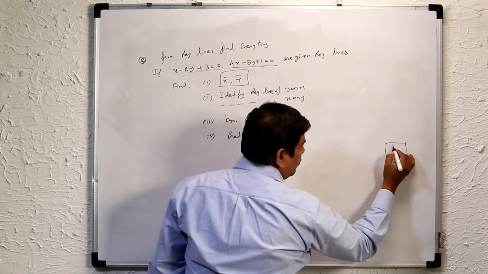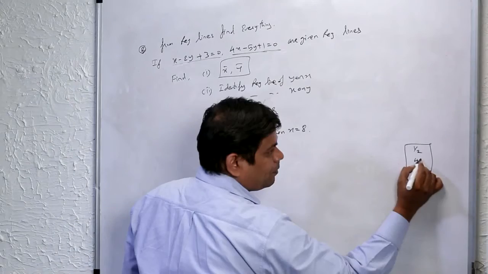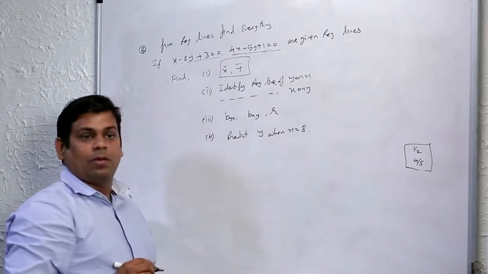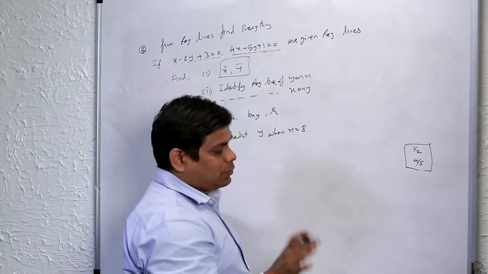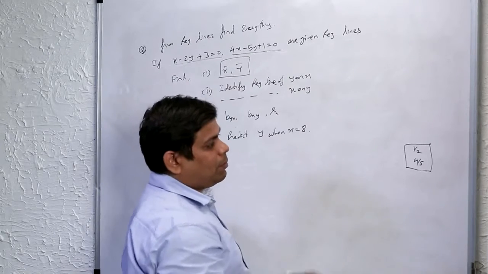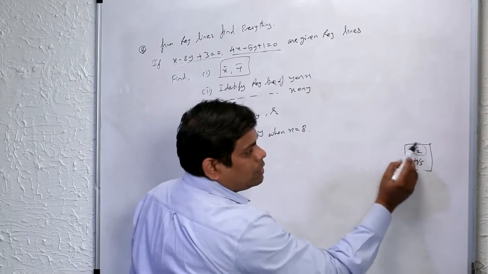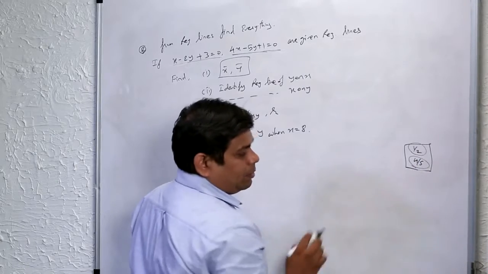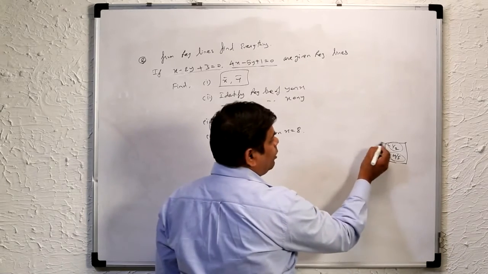So the slope of the first line is 1 over 2. Slope of the next line is 4 by 5. Ignore the sign. In this case, both of them are positive, so don't worry about it. If it is negative, then make it positive. This is 0.5 and this is 0.8. Whichever is smaller, assume that as the regression line of y on x.